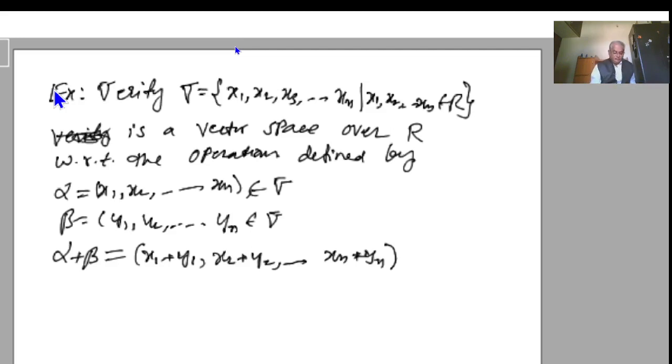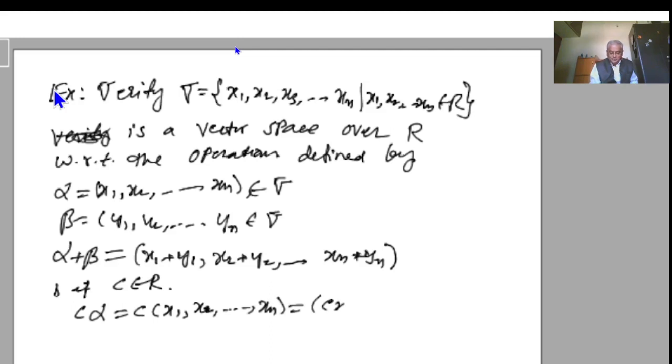Addition is defined in this way. If c belongs to R, then c times alpha is c times (x1, x2, x3, ..., xn), which is equal to (cx1, cx2, ..., cxn). Okay, the operations in V are defined this way.